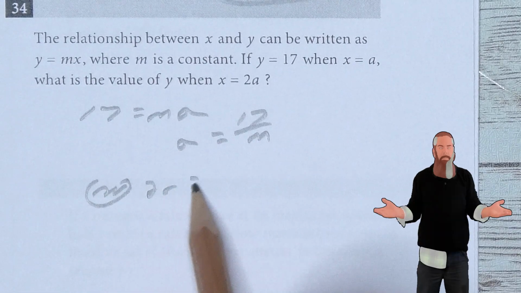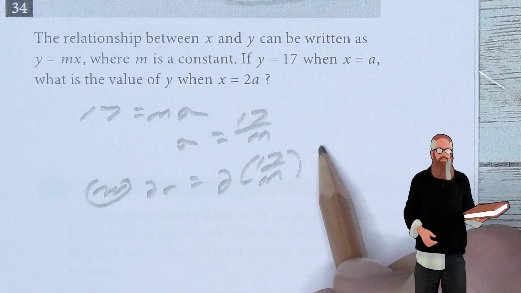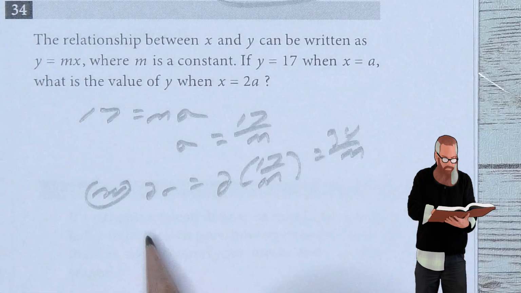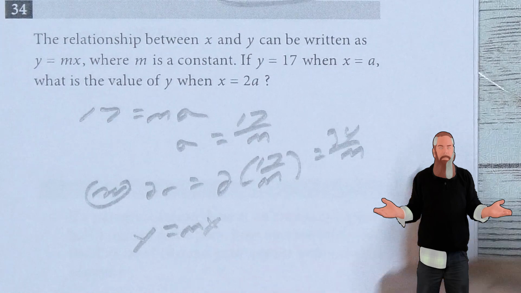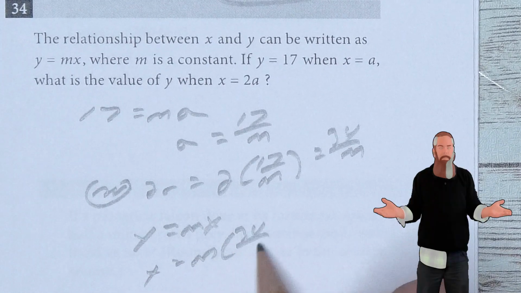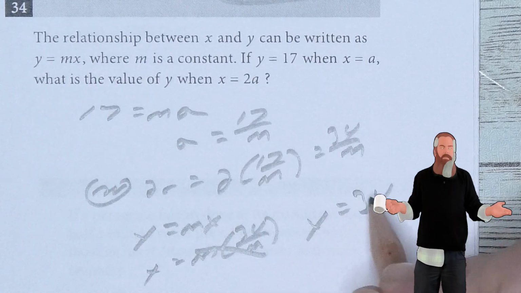So 2a would be equal to 2 times 17 over m, which is 34 over m. So if we substitute this into our equation, y is equal to mx, then y would be equal to m times 34 over m. The m's would cancel, and y would be equal to 34.